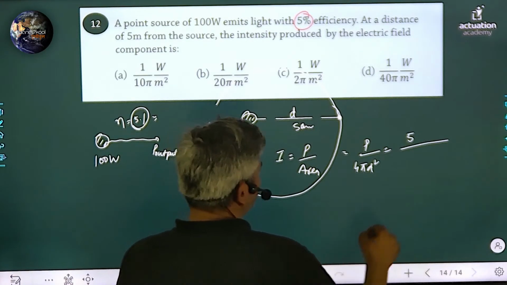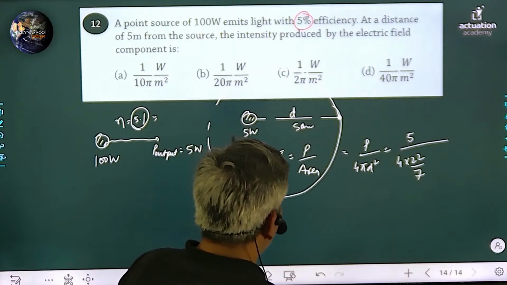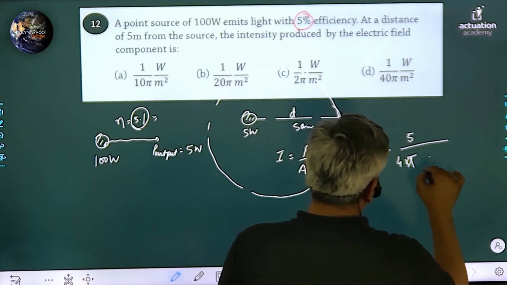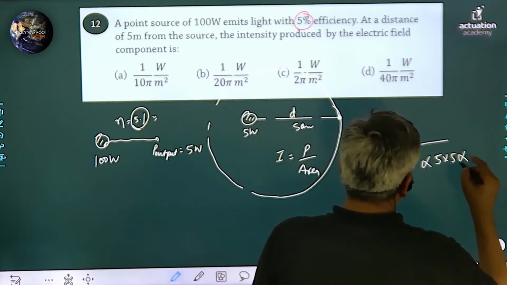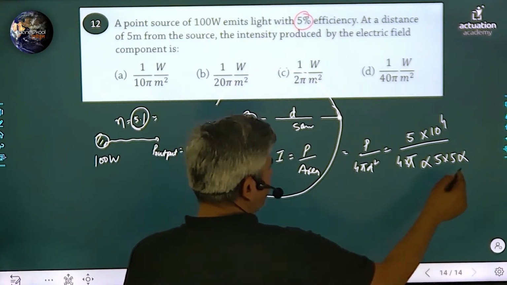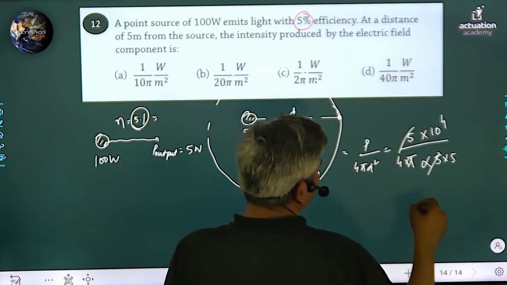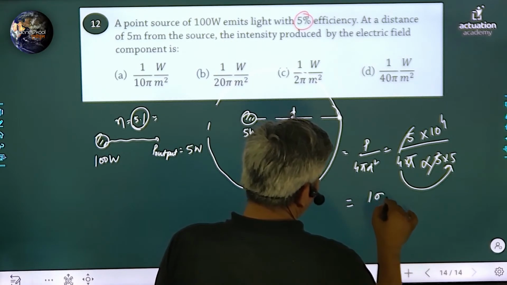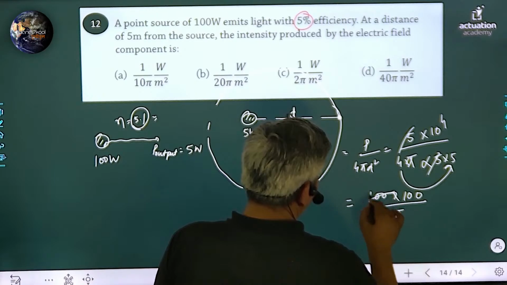Power is 5 watt, 4 pi, the answer is in pi so we'll keep it in pi, into d square is 5 into 5, but that's in centimeter, so we'll raise 10 to the power minus 2, that will become 10 to the power 4 here. So 5 and 5 cancel out and this will become 20.